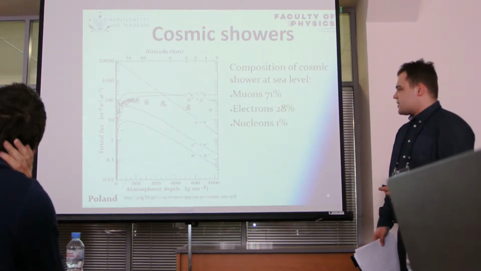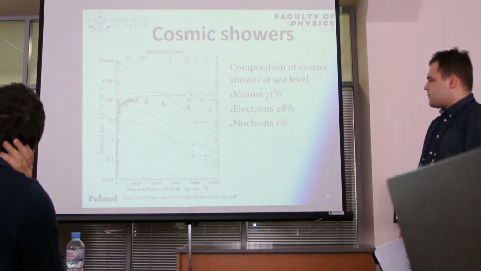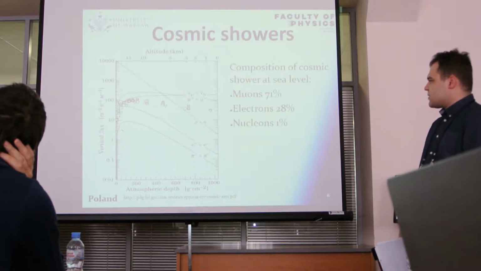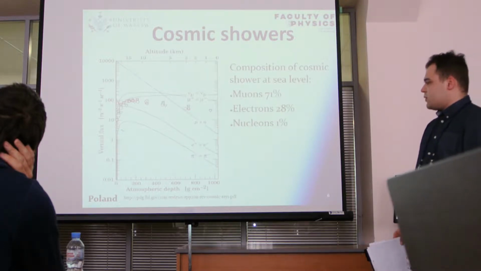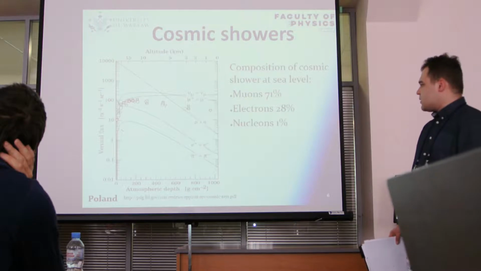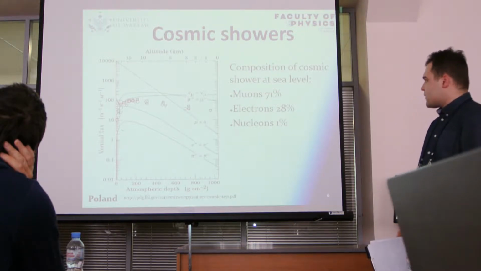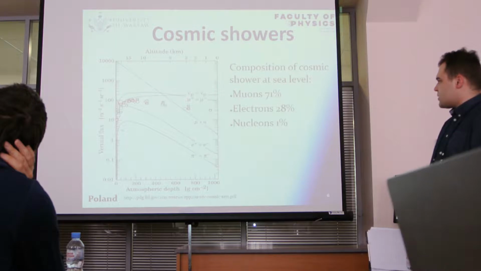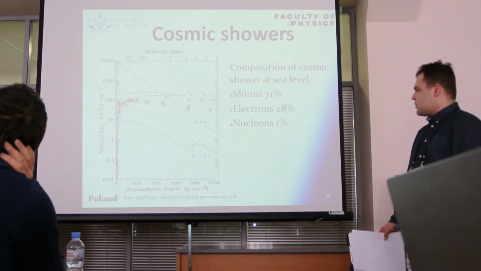In the picture we can see the vertical flux of cosmic shower depends on the altitude. And at sea level, 71% of cosmic shower are muons, 28% of cosmic shower is electrons, and 1% nucleons.